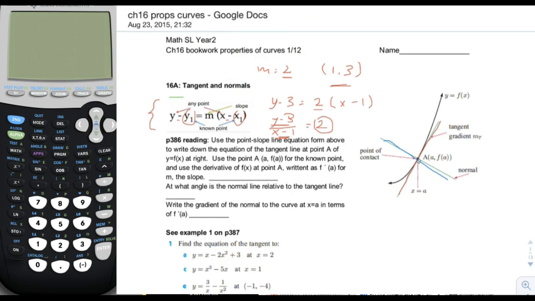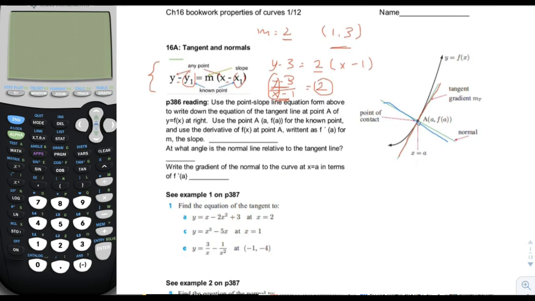The only difference is, instead of having 2 known points, one of the points is unknown. And the unknown point can take on any xy pair that's actually on the line. So if you still need help with that, come on in after school, because equations of lines is one thing that Maths SL assumes that you know well and does not review.